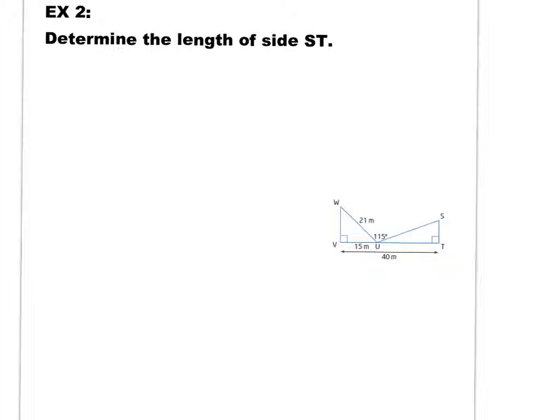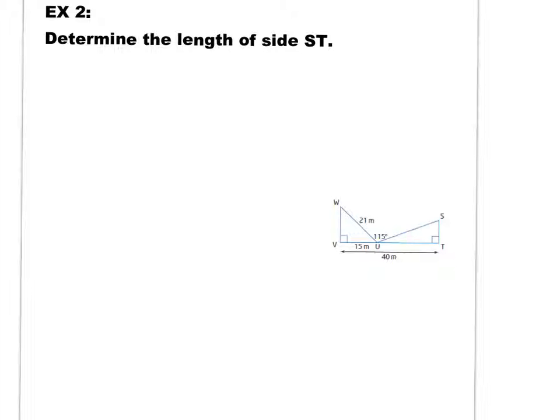Knowing UT and also the angle that I will find later on, I can use the tan ratio for this angle to find ST. But this is the process that I'm going to go through. Now, to find this angle U, I know this angle. So if I can find the angle VUW, then I can find the angle SUT easily.